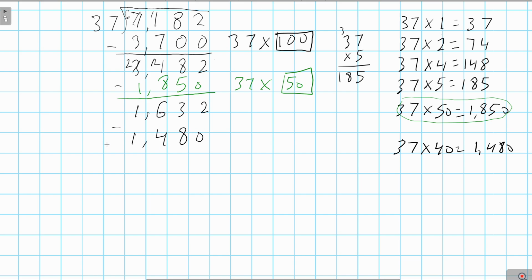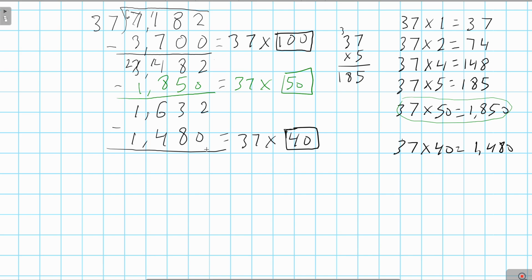Okay, so this is 37 times 40. Notice how what you multiply corresponds to the partial quotients, and notice how it just corresponds to this right here. So make sure that you can double check it like this to make sure that you didn't make a mistake. All right, so let me subtract it now.